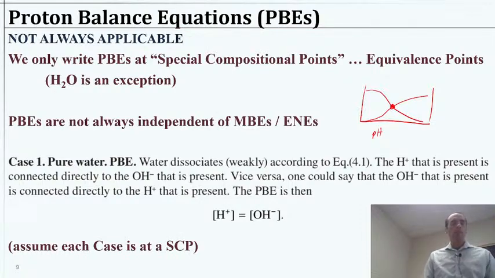Okay, so we're going to take a look at the cases, and I'm going to do this a little more slowly, and we can learn from what it is to build one of these proton balances as we go. And we also have a table that gives us some instructions on how we build these, how we set them up, and what we check for.